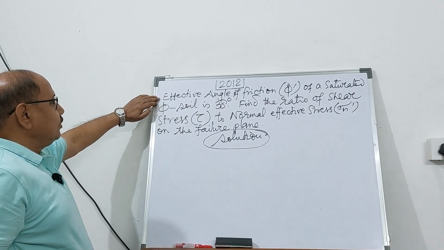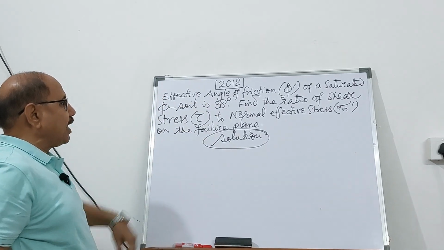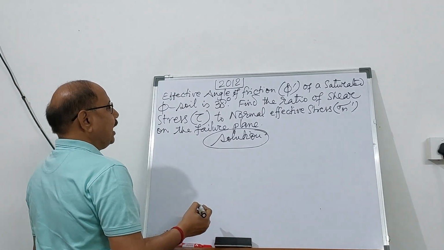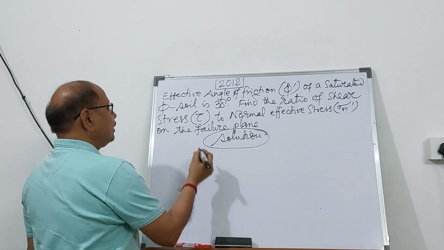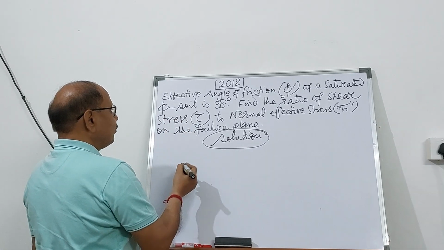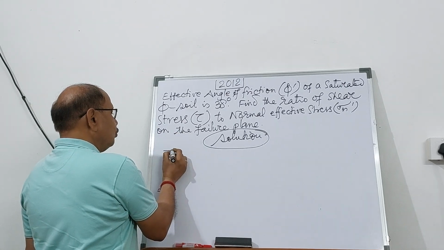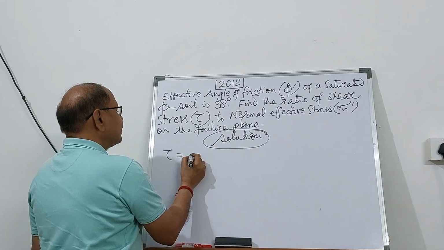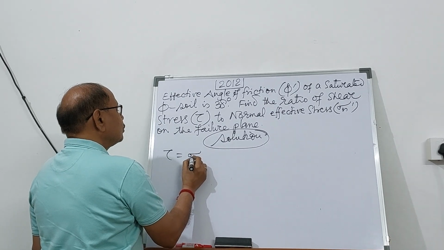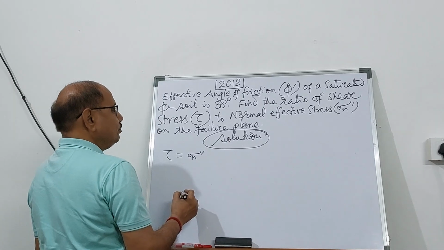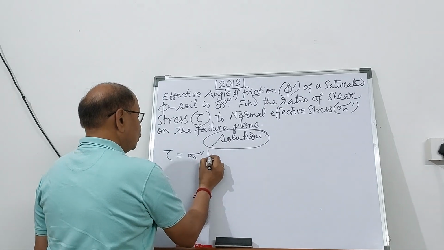What is given here, you can see the effective phi prime is given to you, 38 degree, and it is for saturated sand soil. So for saturated sand soil, the value of C will be 0, so tau will be sigma n prime into tan phi prime.